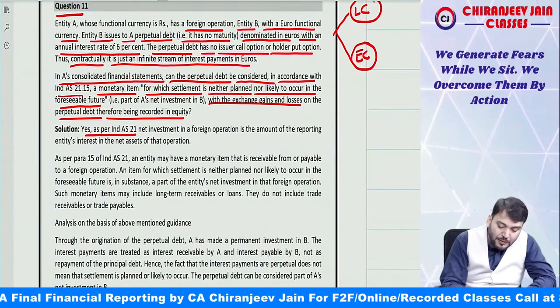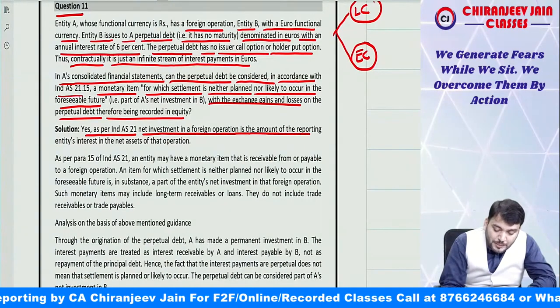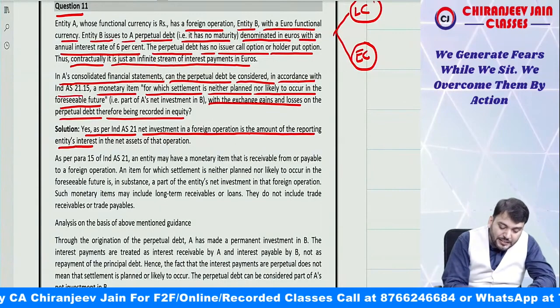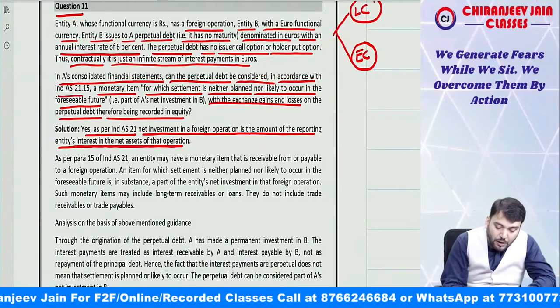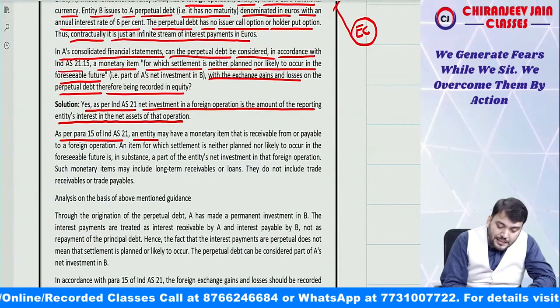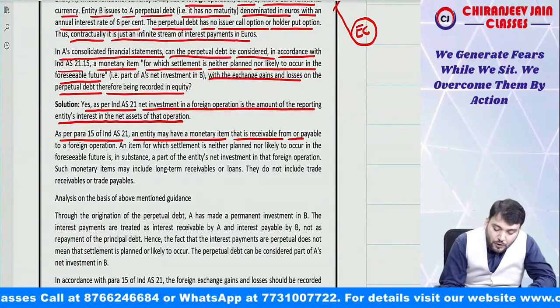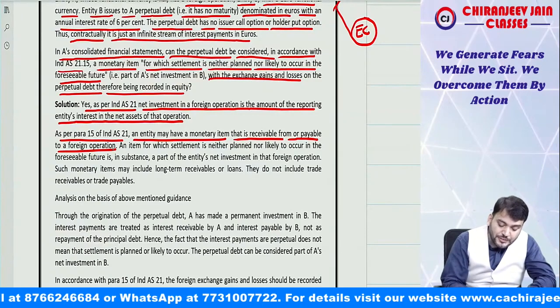As per Ind AS 21, net investment in a foreign operation is the amount of the reporting entity's interest in the net assets of that operation. As per Ind AS 21, an entity may have a monetary item that is receivable from or payable to a foreign operation.